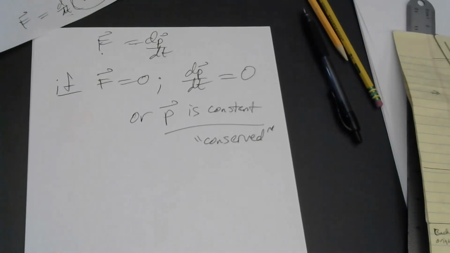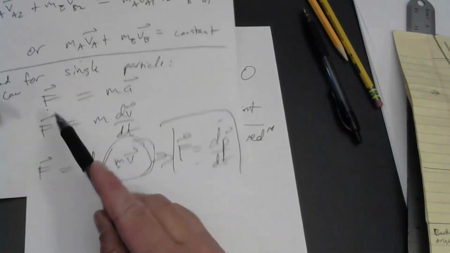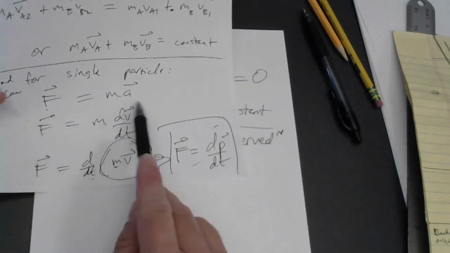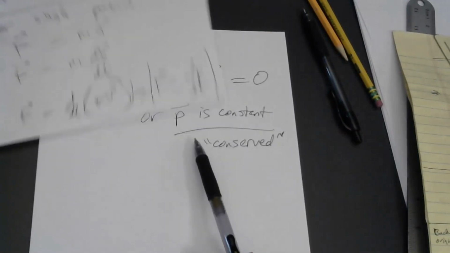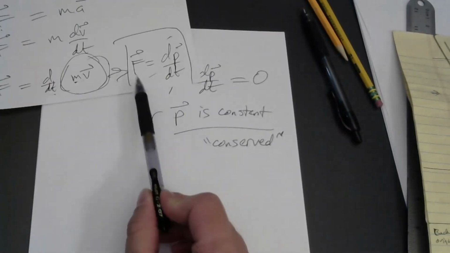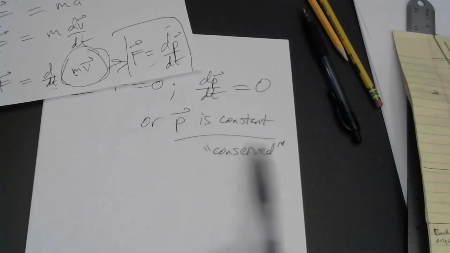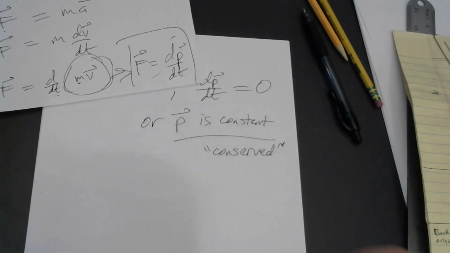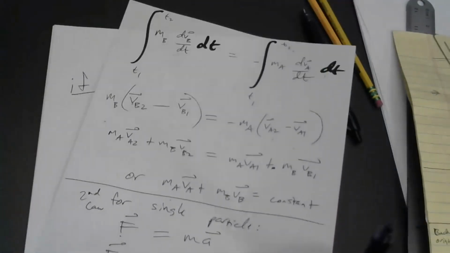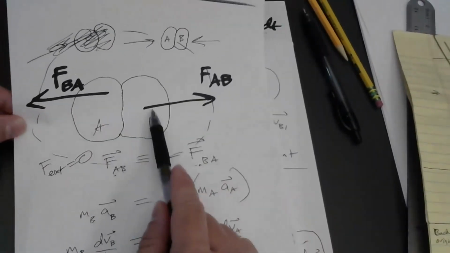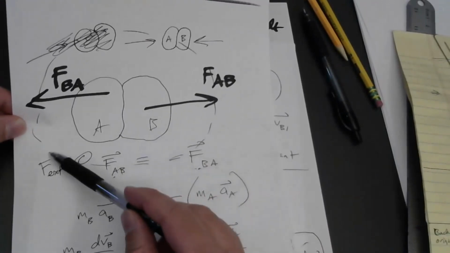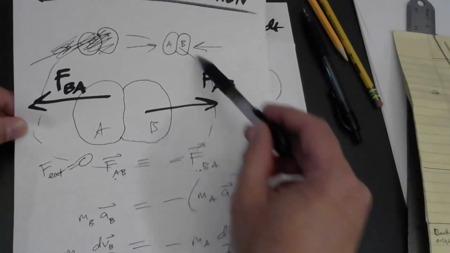So let me summarize the steps again. If you look at a single particle, you can rewrite F equals ma in this form. Force is the time derivative of momentum. And then it's very easy to recognize that no force implies that the momentum is not changing. That's for a single particle. What I did originally was look at a system of 2 particles. And yes, there are forces between the particles, but I argued, or I assumed, that there were no outside forces.